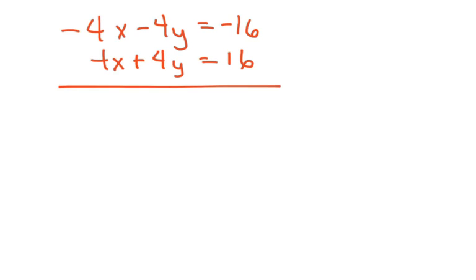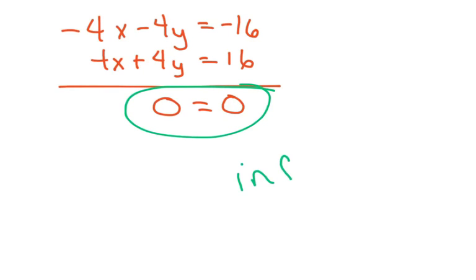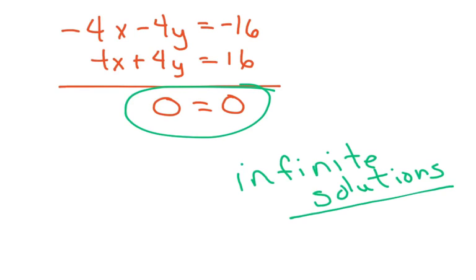When you add this up, you're going to get 0 equals 0. And remember, when you have something like that, that means there's infinite solutions, because these lines coincide with one another. So you don't have to finish anything up. We're done. So that's infinite solutions.